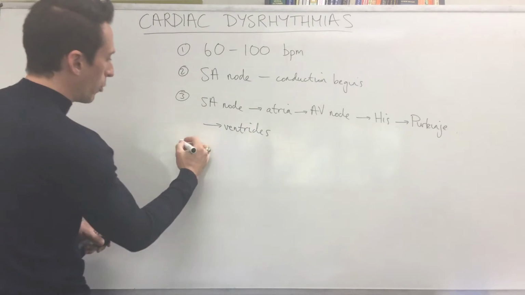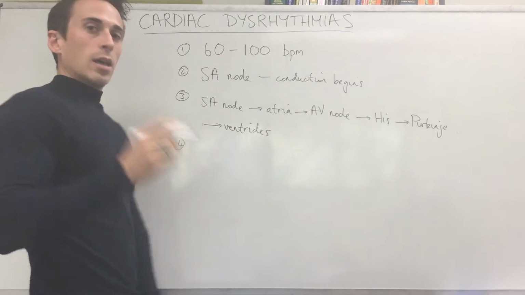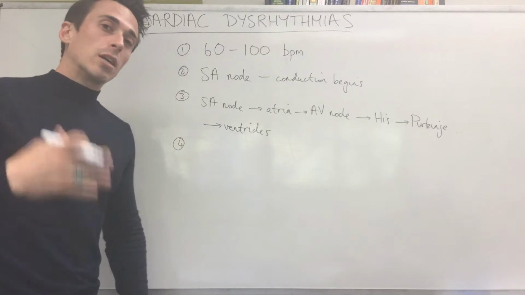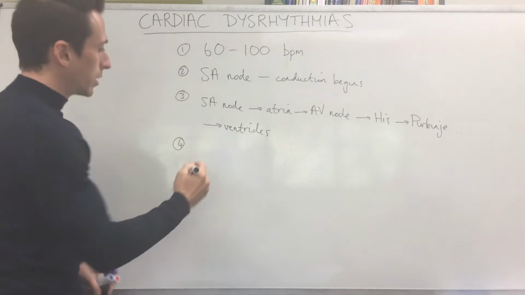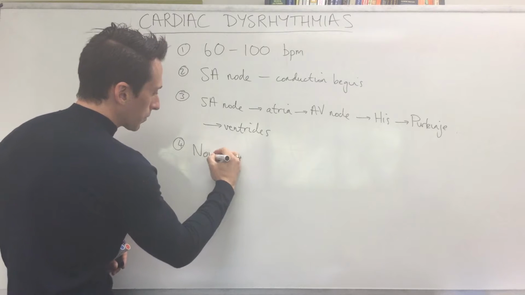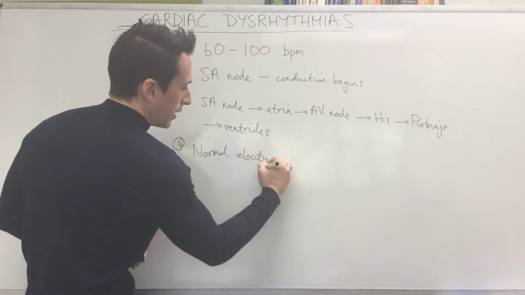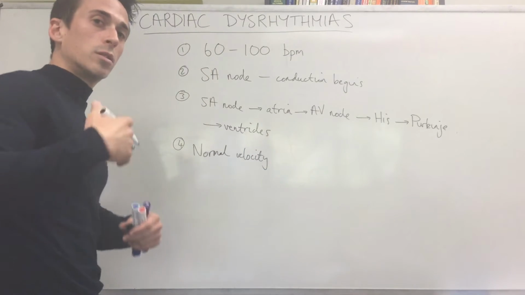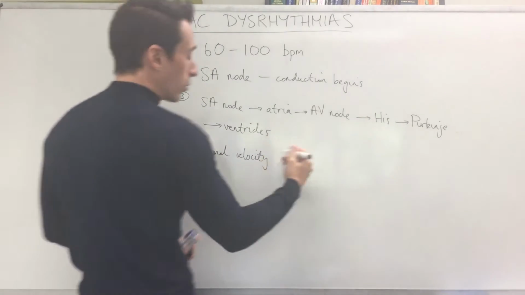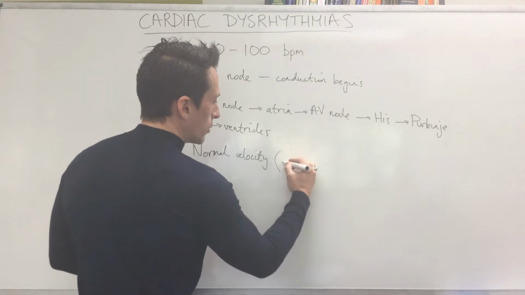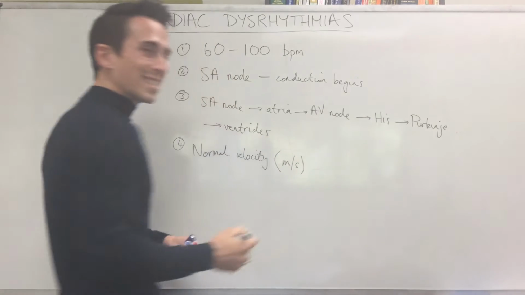And the fourth and final point is that depolarization or conduction should occur at a normal velocity. Now what does that mean? Velocity is not speed, but it's to do with distance per time, in this case meters per second.